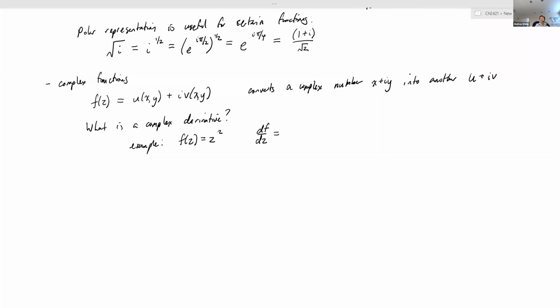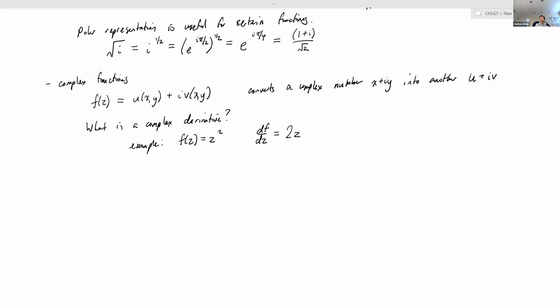Any guesses at all? You might just do it component-wise, like the derivative of u with respect to z plus the derivative of v with respect to z or something like that. But I'll just posit that it's actually something even simpler. It's actually just 2z. Okay, it wasn't a trick question.